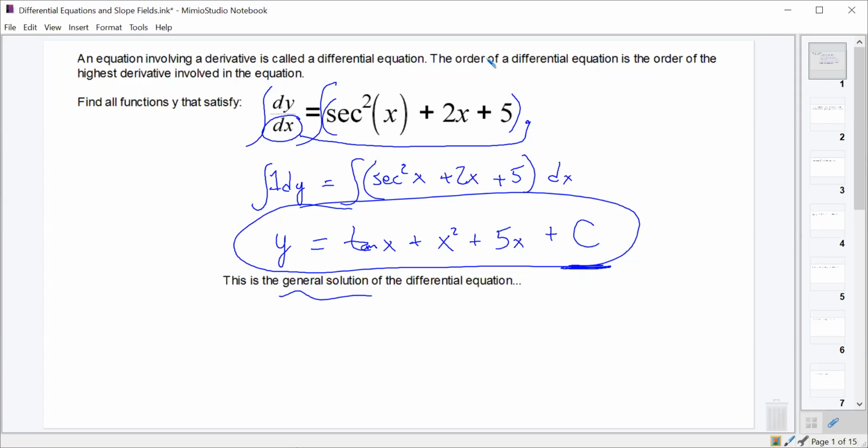And so we'll have to then plug in those values into your general solution to find the constant to get the specific solution, or we call it a particular solution to that differential equation.